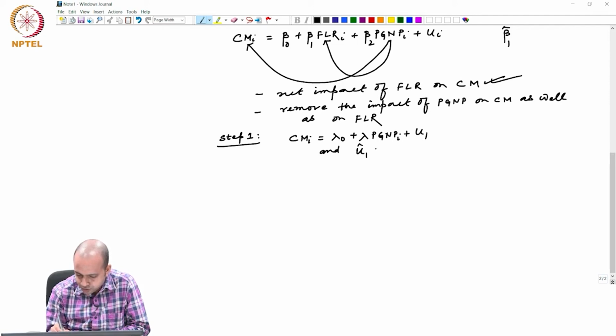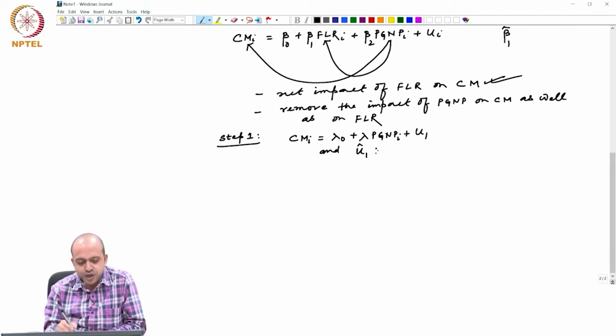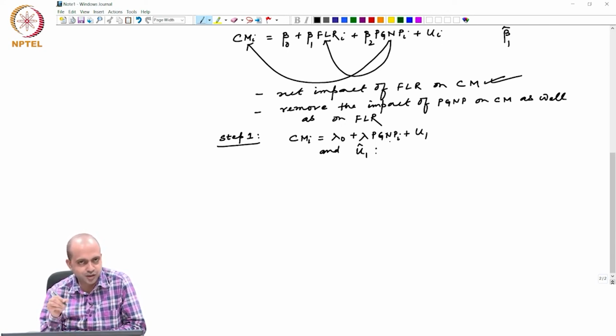Now, once we regress CM on PGNP and collect the residual from that regression, what does this u1 hat indicate basically? If we recall, the error term captures the impact of other factors. So, when we run this regression of CM on PGNP and then collect u1 hat, that is basically that portion of CM which is unexplained by PGNP.